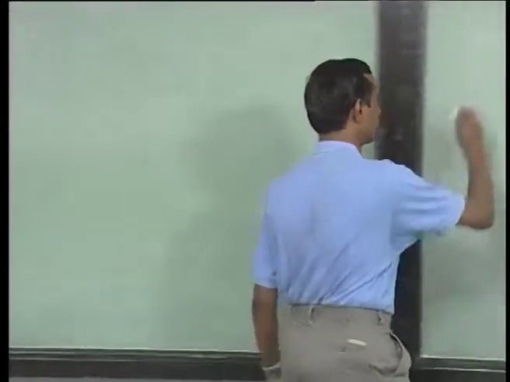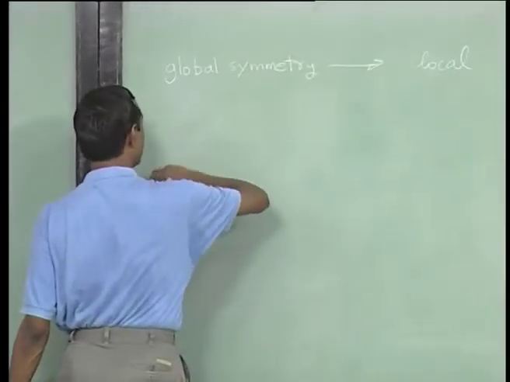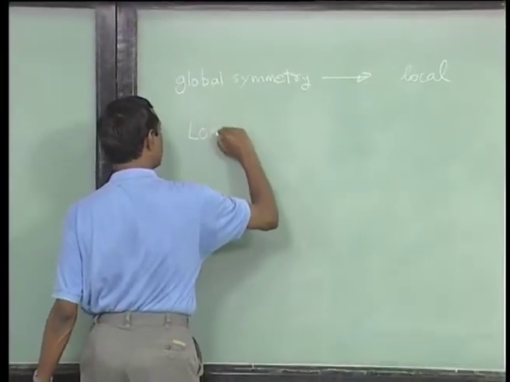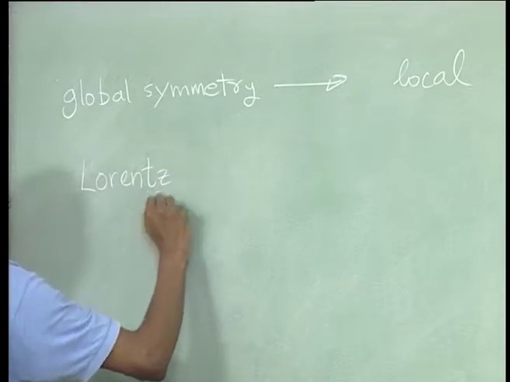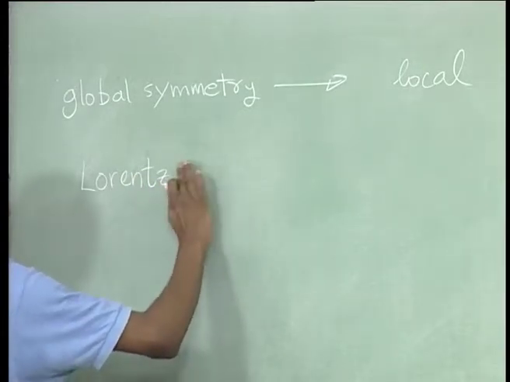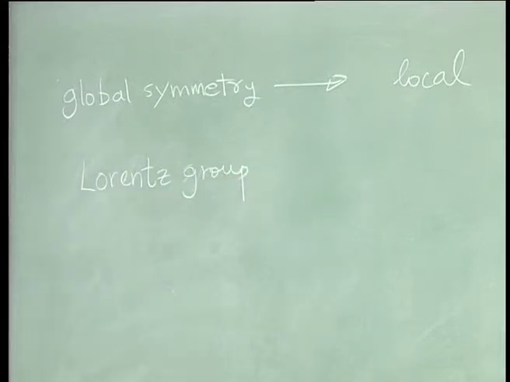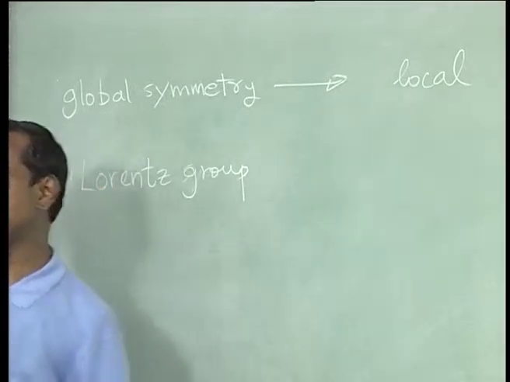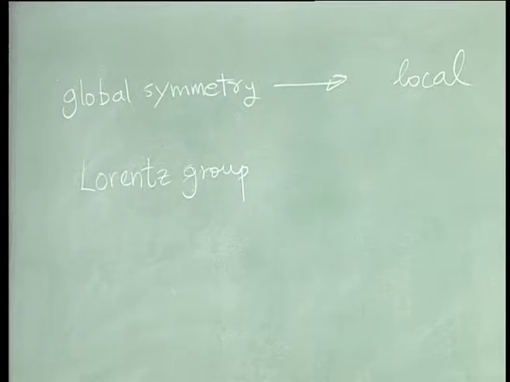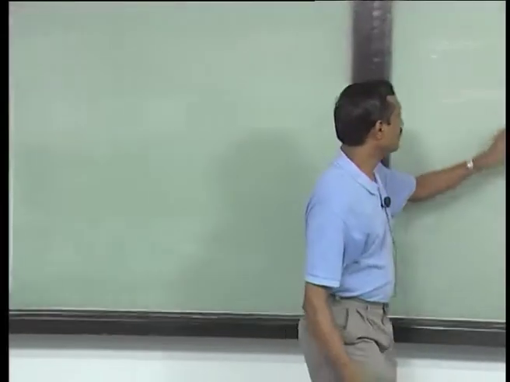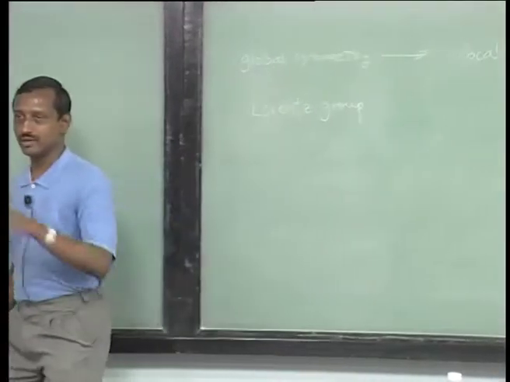But so we could just go ahead and say, suppose we consider Lorentz symmetries or the Lorentz group. Now this is something which acts on space time, and if you ask what is the meaning of making this local, it means at every point you make a different rotation or a boost.